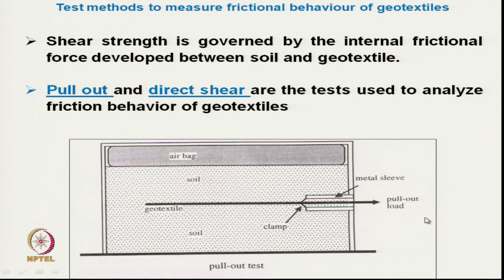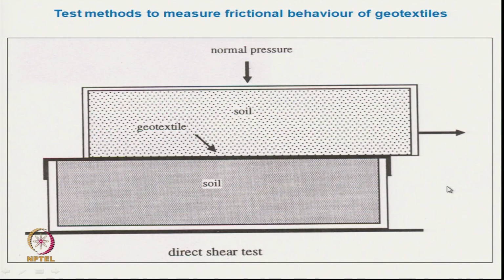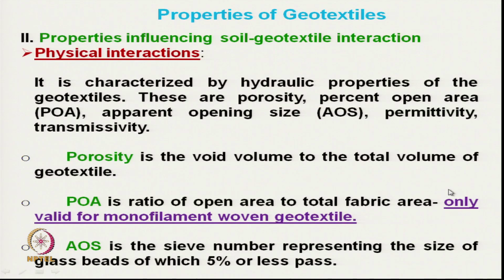Depending on the pulling force, we can calculate the shear strength, so friction between geotextile and the soil can be measured. Another way is direct shear test. So, these are the two tests by which we can measure the mechanical interaction between geotextile and soil.